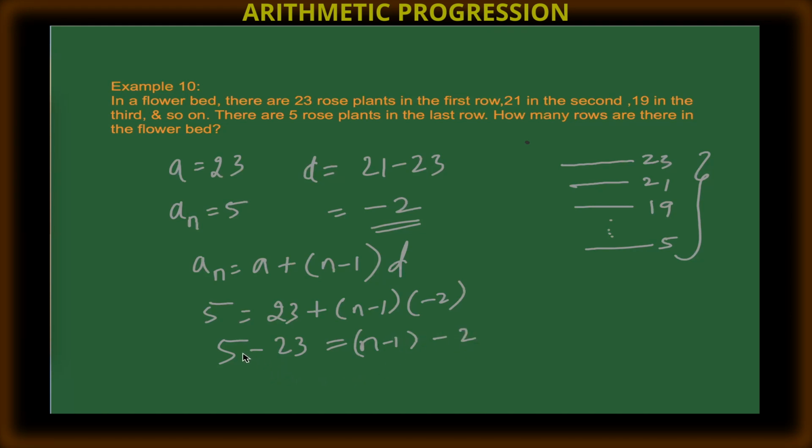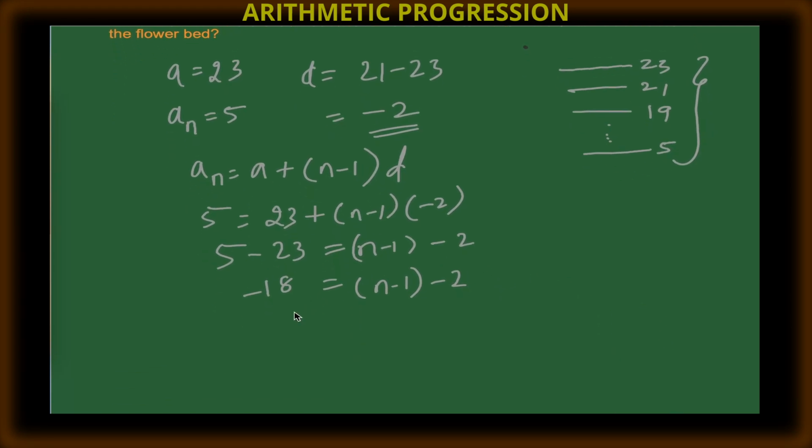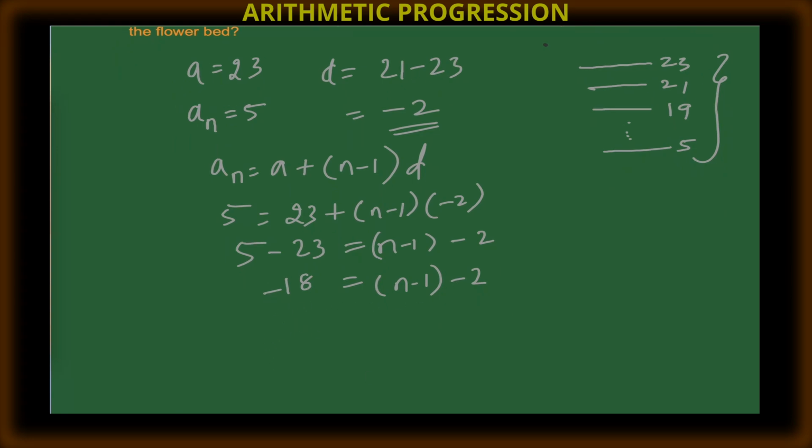So 5 minus 23 is minus 18, which is equal to n minus 1 into minus 2. Let's bring this minus 2 towards this side. Minus 18 divided by minus 2 is equal to n minus 1. Minus minus gets cancelled. 2 9s are 18.